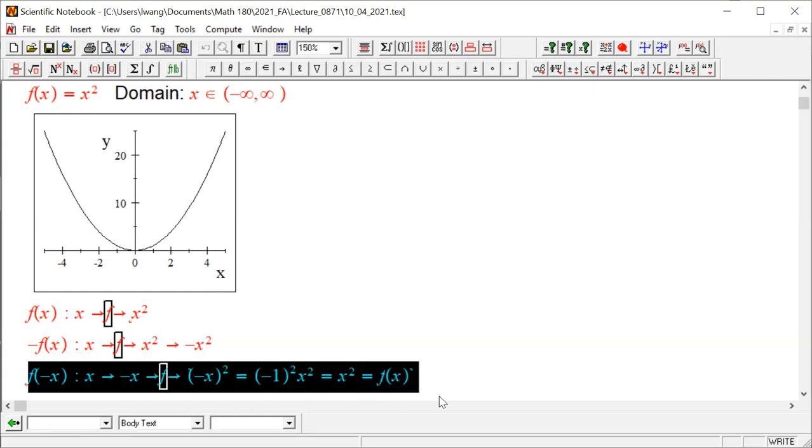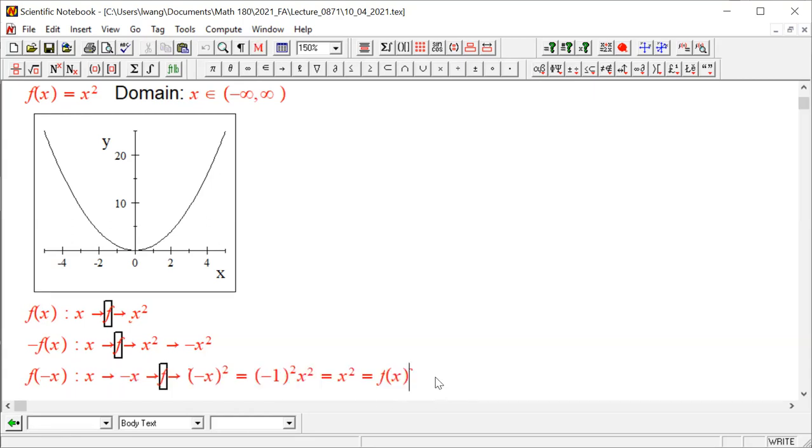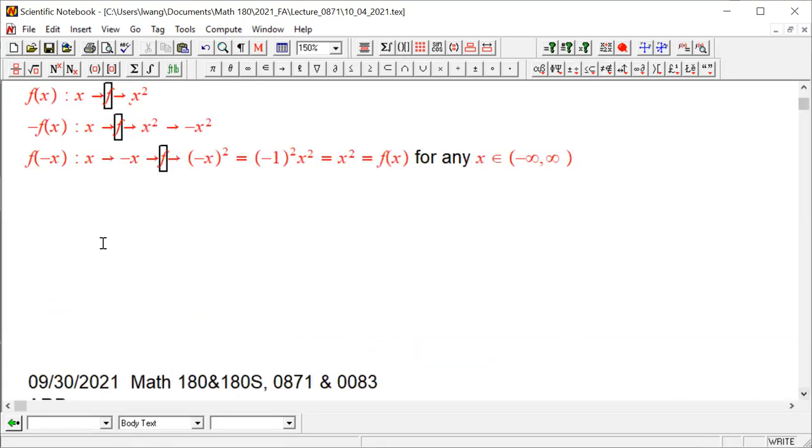So this is actually an even function by definition, because this is true for any x in the domain. So we have just proved it. Then you say, well, to prove this function is even, do I have to write so much?